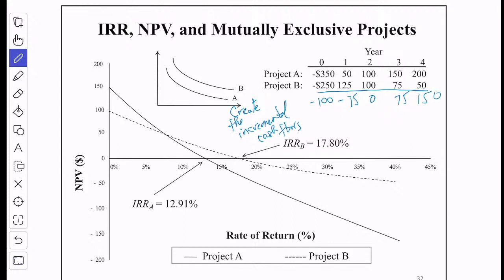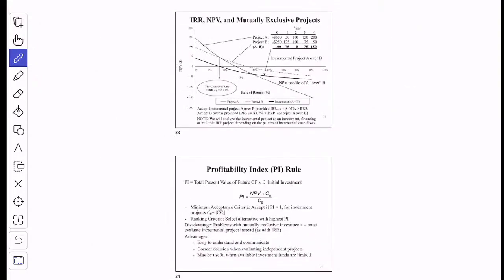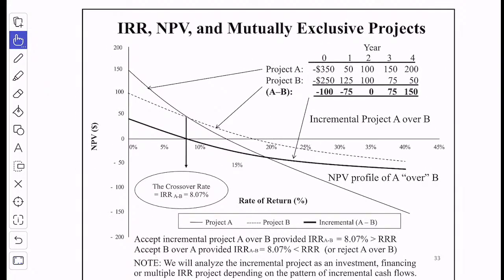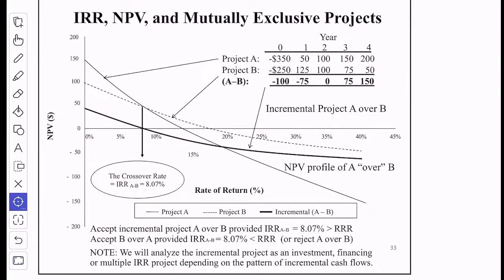Did I do that right? So I have them here. Yeah, I did it right. All right, so these cash flows, I put them here, are the cash flows of the incremental project A over B.